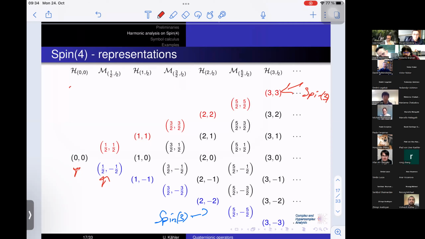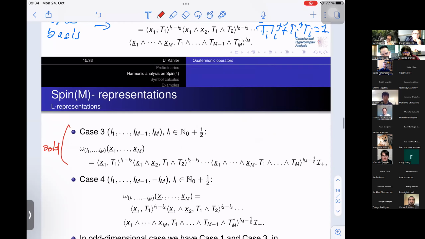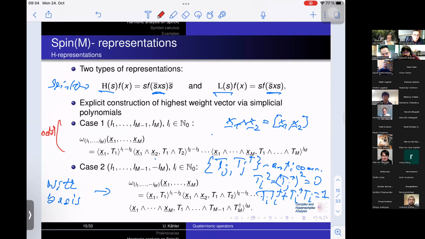And these are all harmonic polynomials. If you go in terms of these simplicial functions, you are in this case, and they are all harmonic polynomials. If you write them out as polynomials, you will simply see that all of these, case 1 and 2, are harmonic polynomials. Simplicial, because you fetch them up, and harmonic.